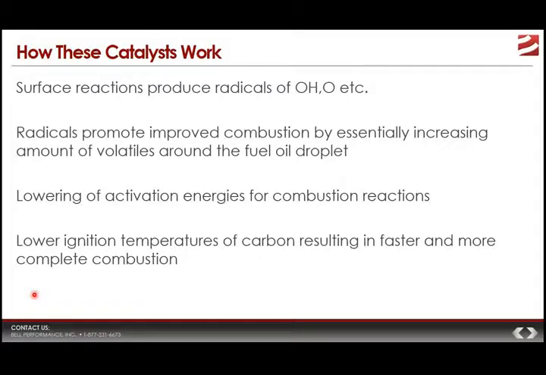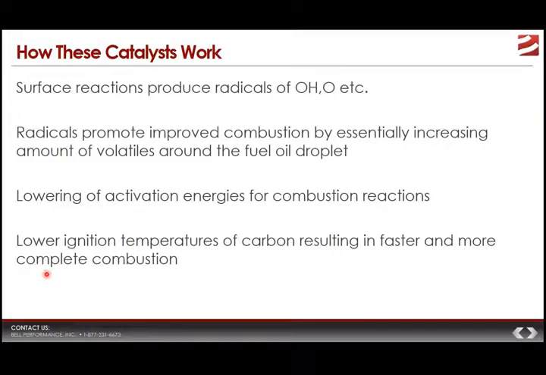What the combustion catalyst does is it lowers the amount of energy needed for a specific link in the chain to happen. And so what you get is more combustion reactions happening earlier and at lower temperatures. Basically, it results in faster combustion and more complete combustion.